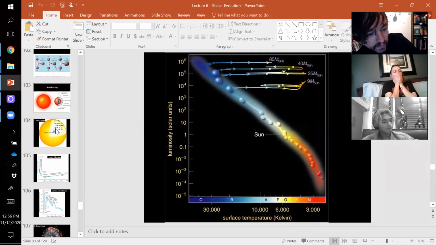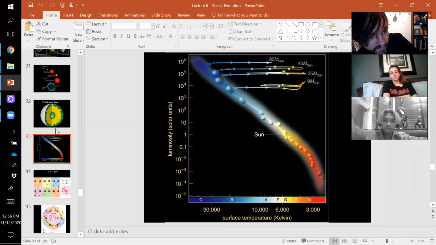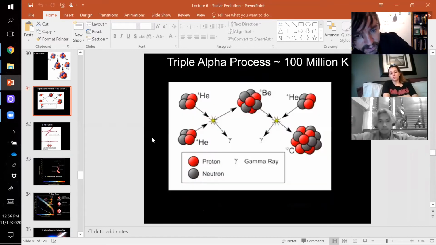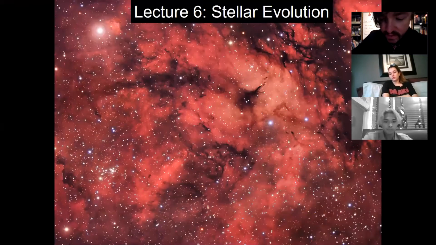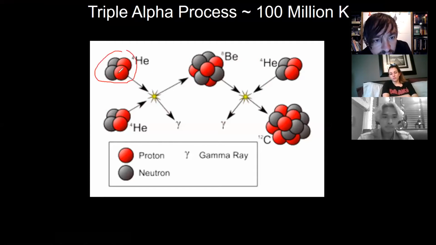I'm going to show it to you and then we'll take a little break here. Can I get a picture of the triple alpha process? We need this for our homeworks today. The triple alpha process is a relatively simple nuclear reaction that takes place in 2 stages. In the first stage, 2 helium nuclei just violently slam together to make an element called beryllium.